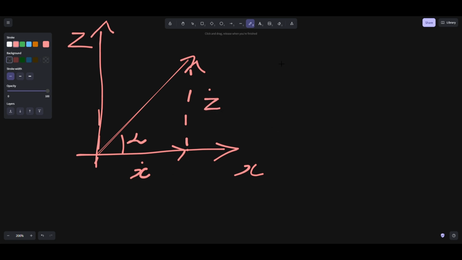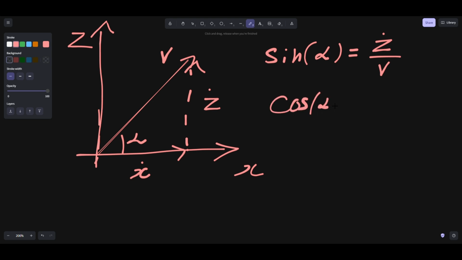And what happens here is the sine of alpha equals z dot over v, and v is just the initial velocity of the particle, and also the cosine of alpha equals x dot over v.